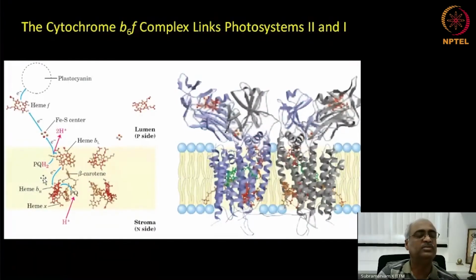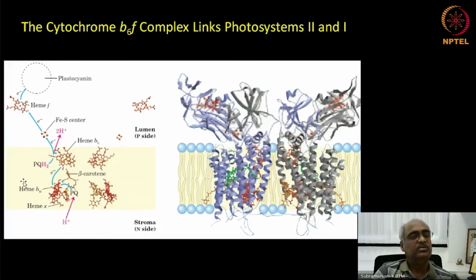So this is the reduced form of ubiquinone called ubiquinol, and from there through a Q cycle mechanism that we'll see once more in the next slide, but we have elaborately discussed that with respect to complex 3 in mitochondria. So from there electron flows this way and you get the oxidized ubiquinone, and then finally to cytochrome F, and from that to plastocyanin.